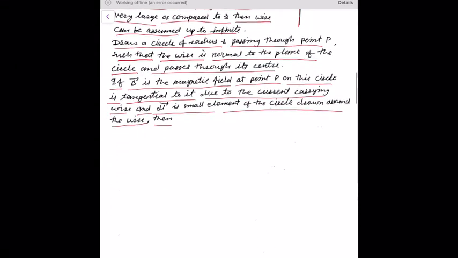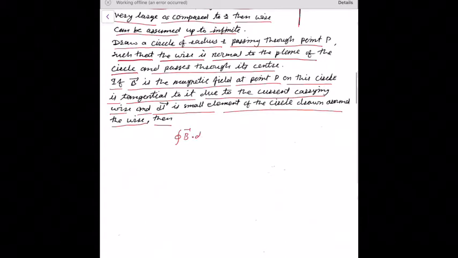Then according to Ampere's circuital law we have the line integral of B vector dot dl vector is equal to mu naught I. Here it is equation 1.